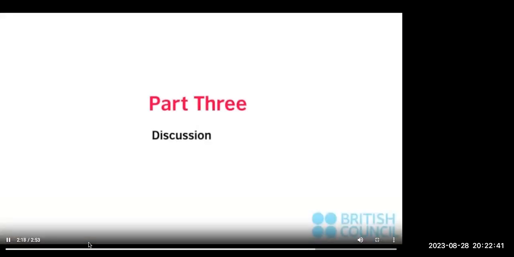So at the end of the 2 minutes, or if the candidate has finished earlier, the examiner will ask 1 or 2 rounding off questions before the examiner moves into part 3. Part 3 is a more open-ended discussion between the candidate and the examiner. It's on questions that are related to the topic and subject of the long turn in part 2.